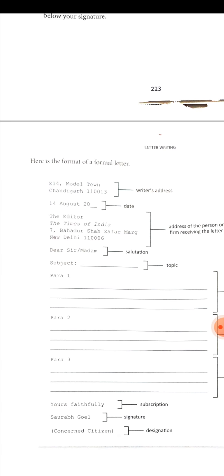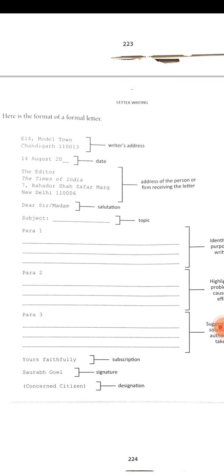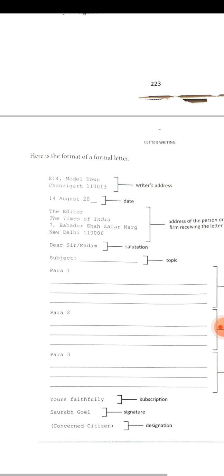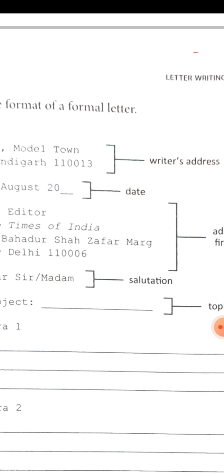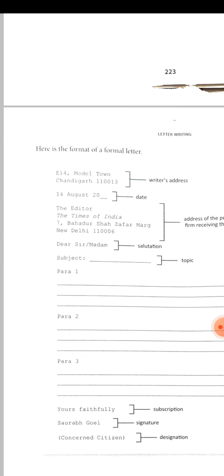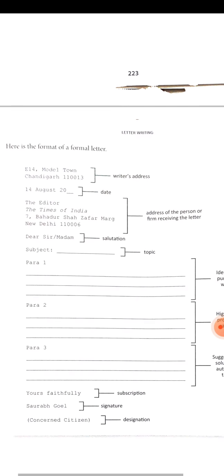Now we will see the format of a formal letter. In a formal letter, the writer's address is on the top left. Then there is the date, which you all know. You know the format of the date; we discussed it earlier in the informal letter.